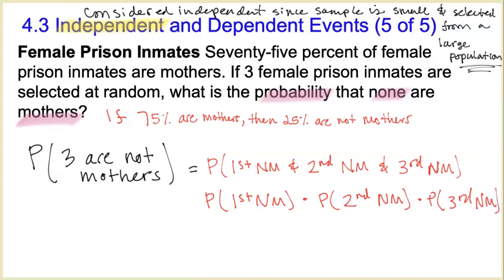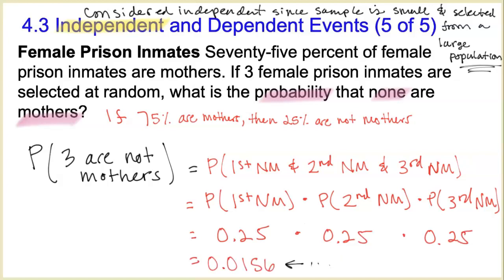And since 25% are not mothers, that would be 0.25 times 0.25 times 0.25, which is 0.0156, which is a 2% chance. So there's a 2% chance that if 3 female prison inmates are selected at random, that they will not be mothers. So that's a very unlikely event to occur.